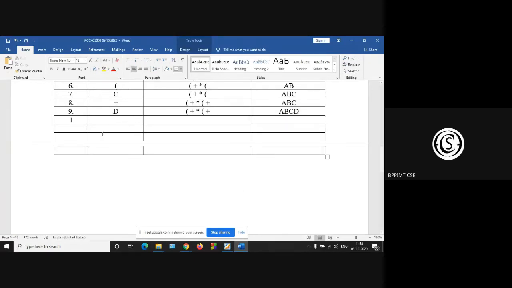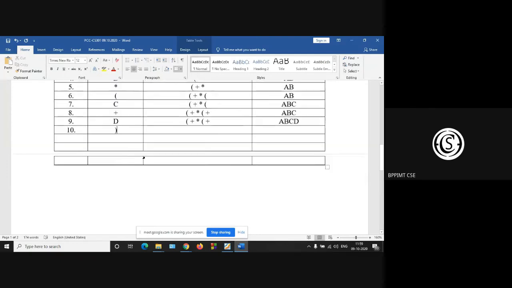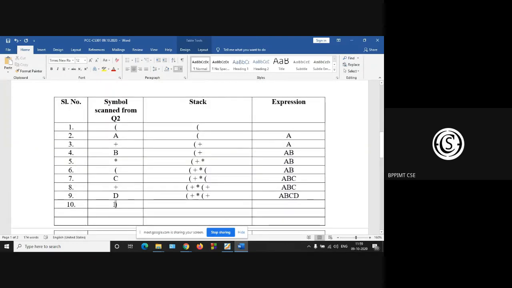Next symbol scanned, number 10. Okay. So this is a closing bracket. When you have a closing bracket, you have to pop. The rule is, when you encounter a closing bracket, you have to pop up to the opening bracket.